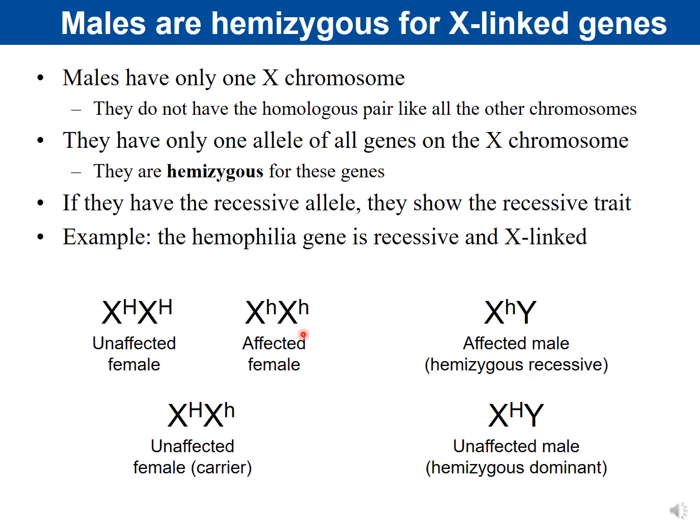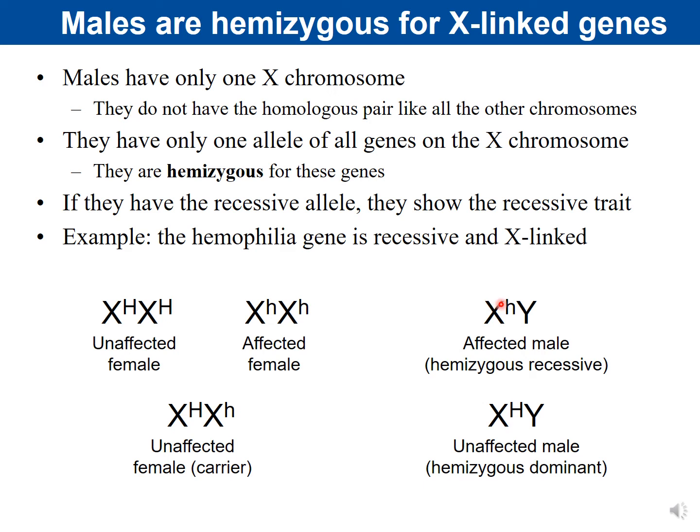If we look at females, in order for females to have hemophilia, they must be X little h, X little h. So she has to inherit 2 bad copies of the allele in order to be affected. If we look at males, remember, they only have 1 X chromosome.